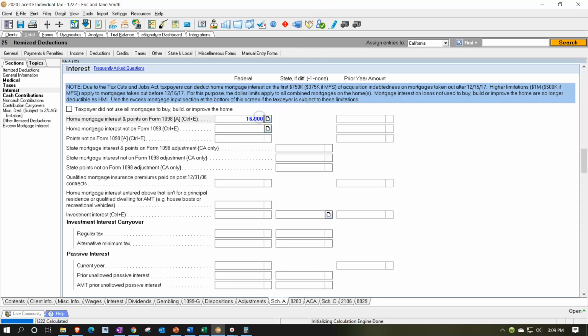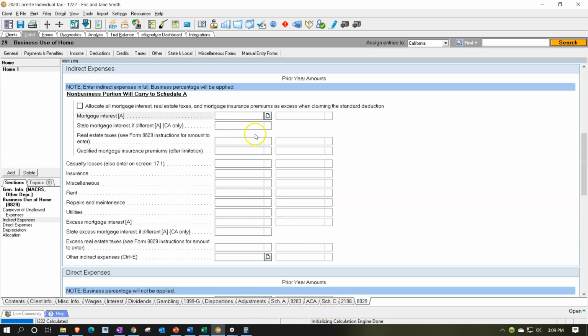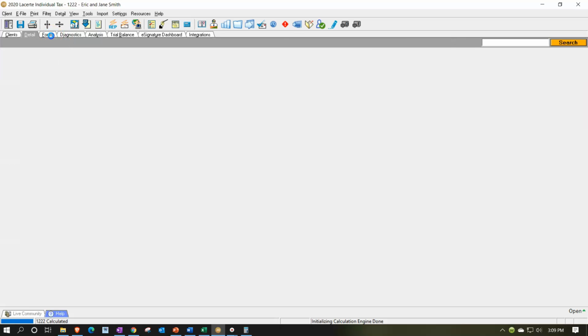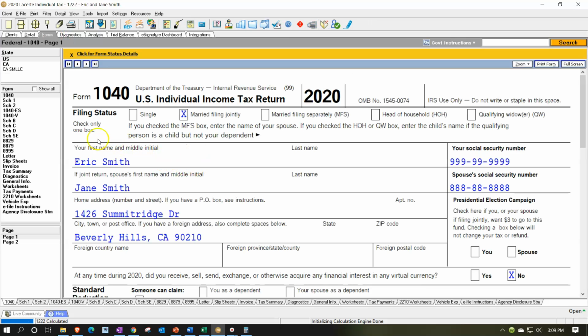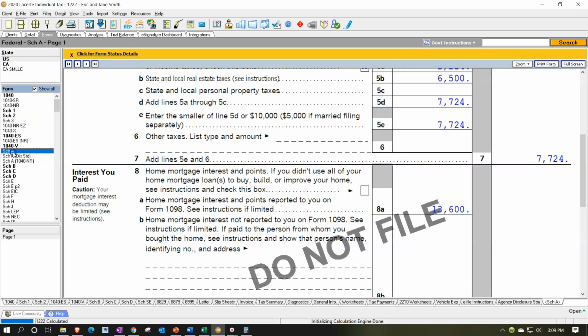16,000, I'm going to remove that. And then I'm going to put it on the Form 8829. So we're going to say it's just going to go 16,000 there. So then if I pull back on over, what'll happen is it will still populate on the Schedule A here. So it's still there. Notice it took the difference, that 13,600.